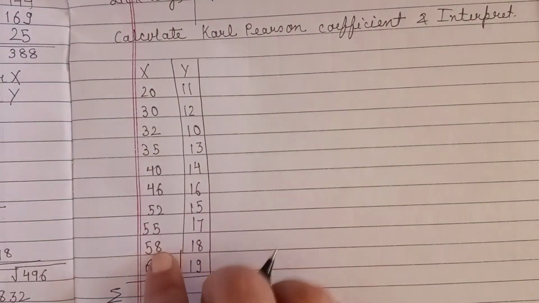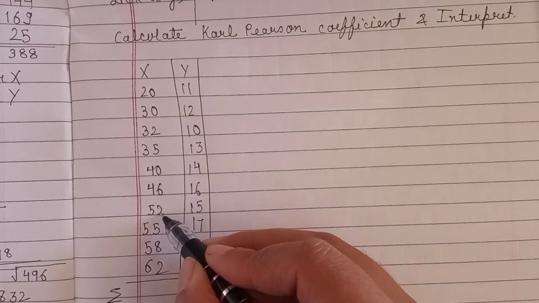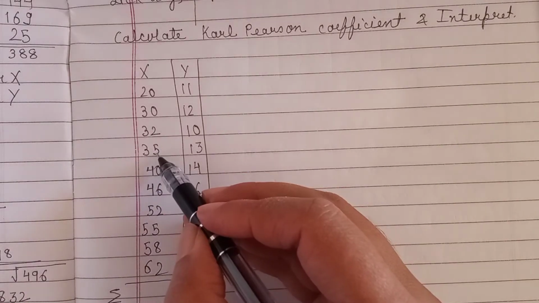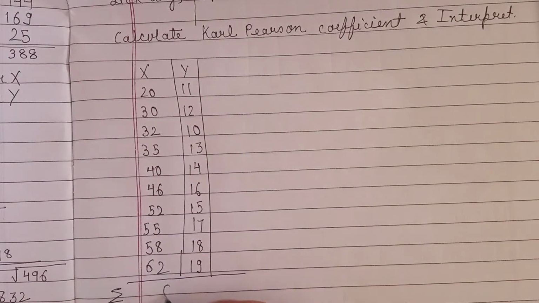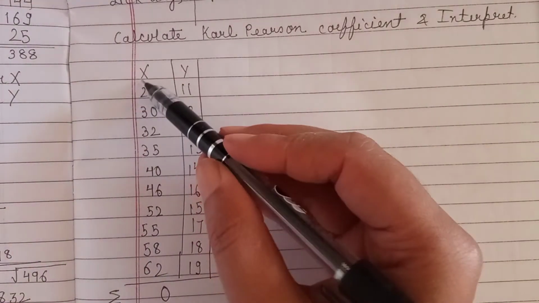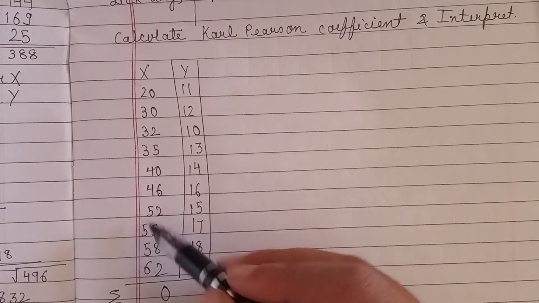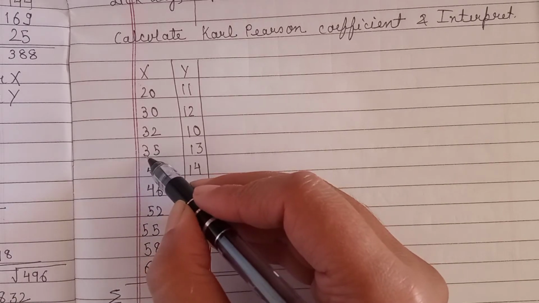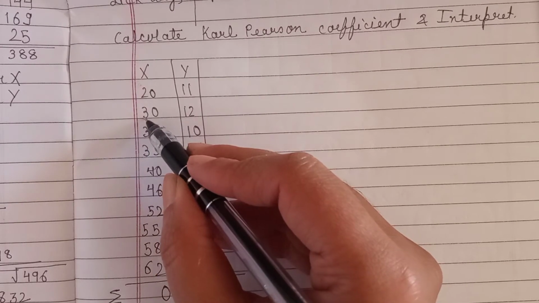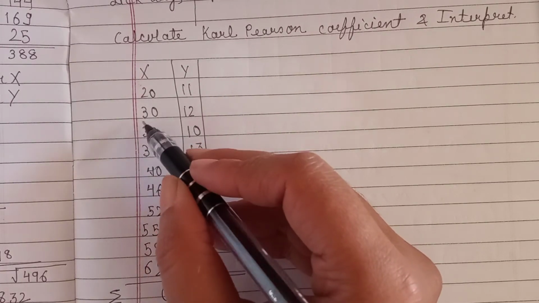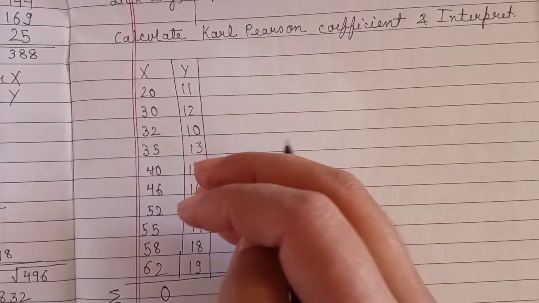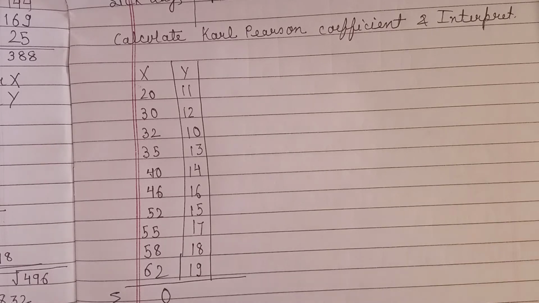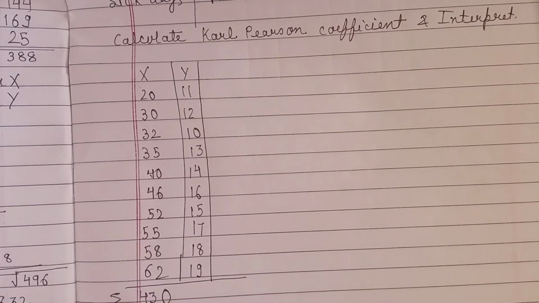If you find the sum of this, we get 430 for x.